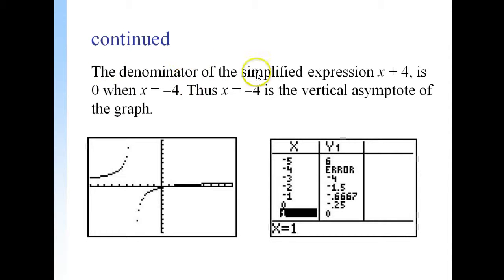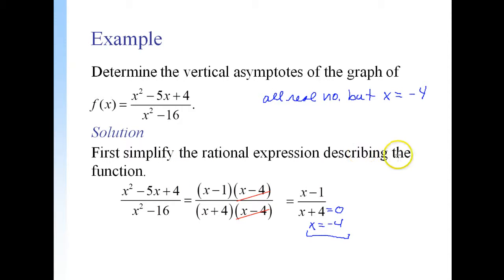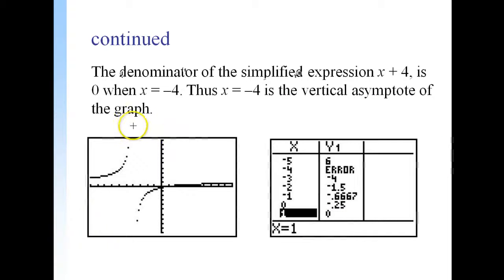So the denominator of the simplified expression, x plus 4, is 0 when x is -4. Thus, x is -4, and that's the vertical asymptote of the graph. Now, where is that? Oh, wrong slide. Let's go back here. Well, it's right here.